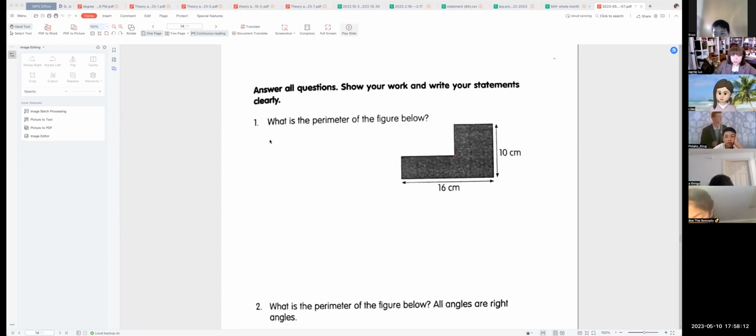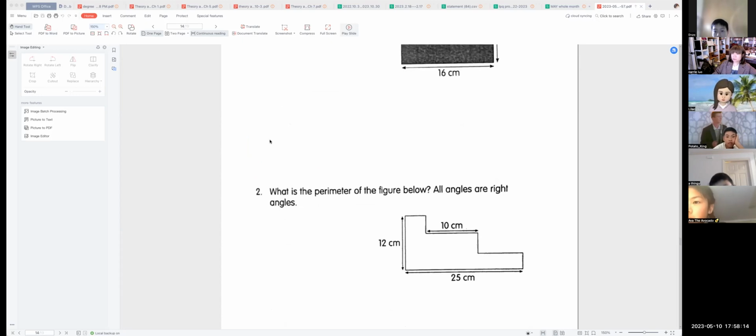Good job. Very good. Okay, so what is the perimeter of the figure below? Everybody, this time they have more than one angle, but the thing is the same. I think you should know how to do it.